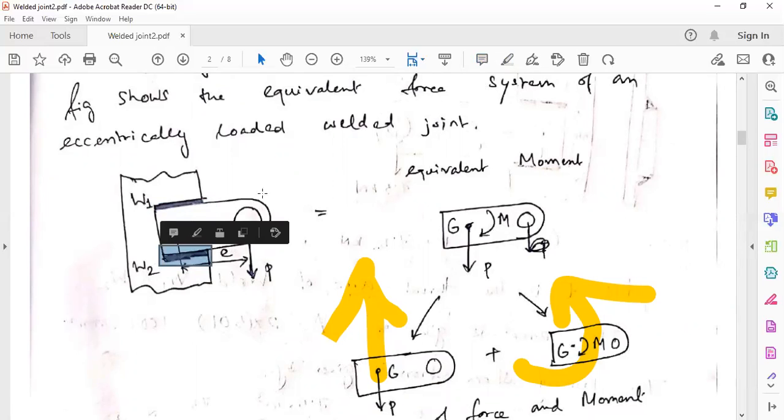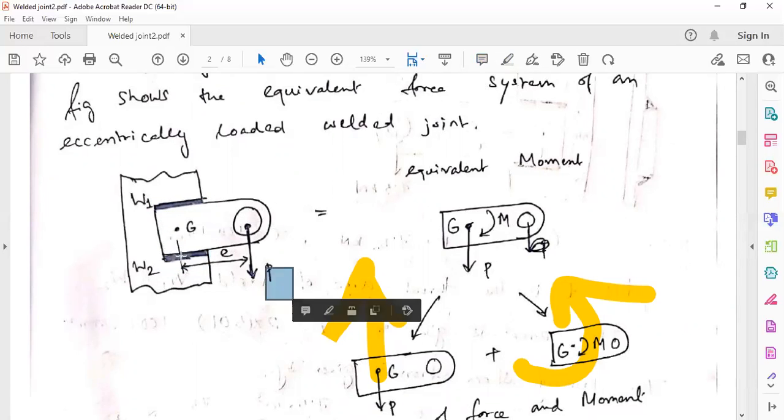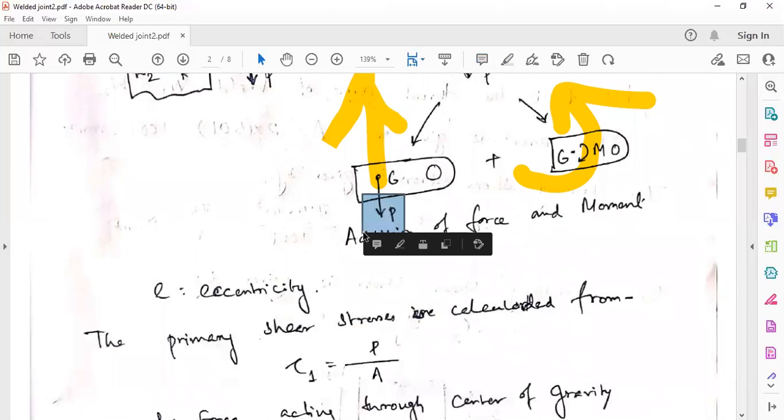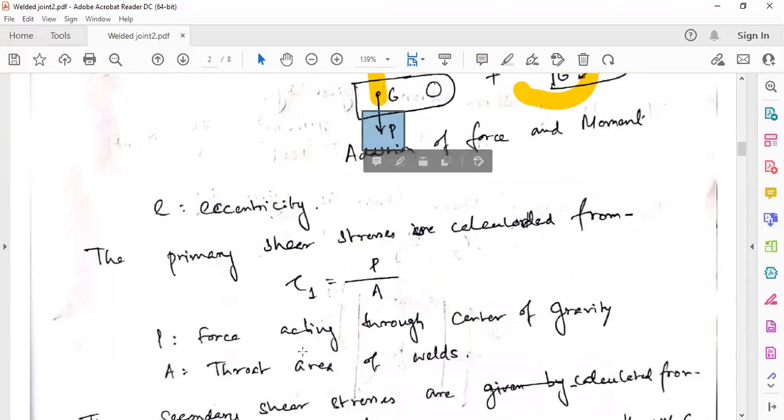Here you see, this part P will cause a shear failure of the welding part. First of all, this force is passing through G, so we will have to counter the shear force.